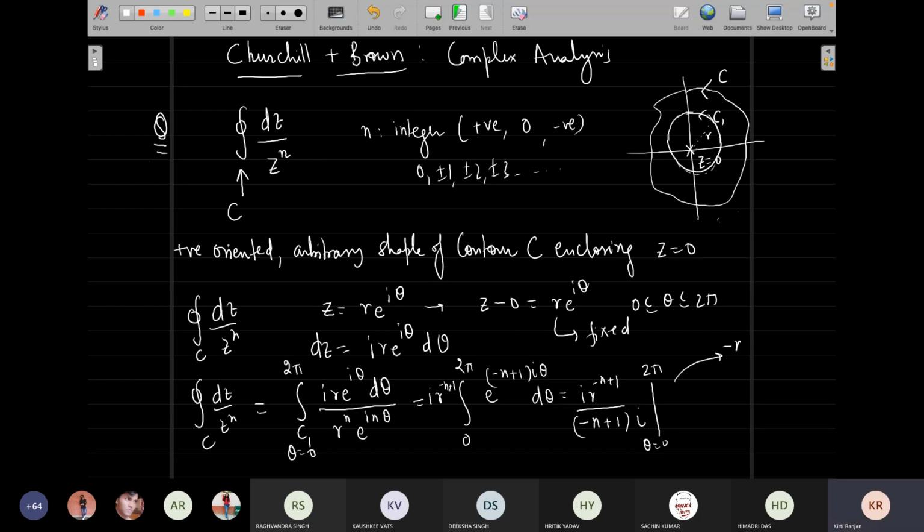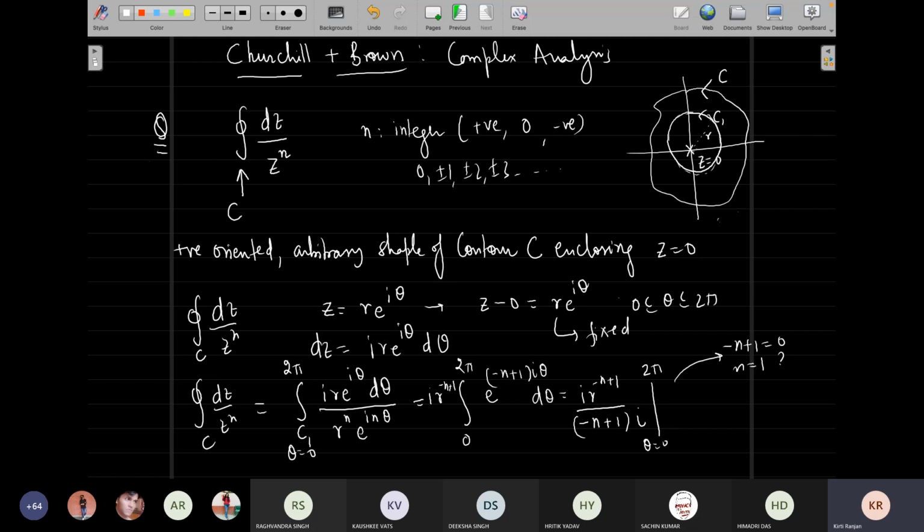But what will happen if minus n plus 1 is equal to 0, or n is equal to 1? We'll have a discontinuity there. This integral is solved for different values of n, so it is not that your integral is over n.